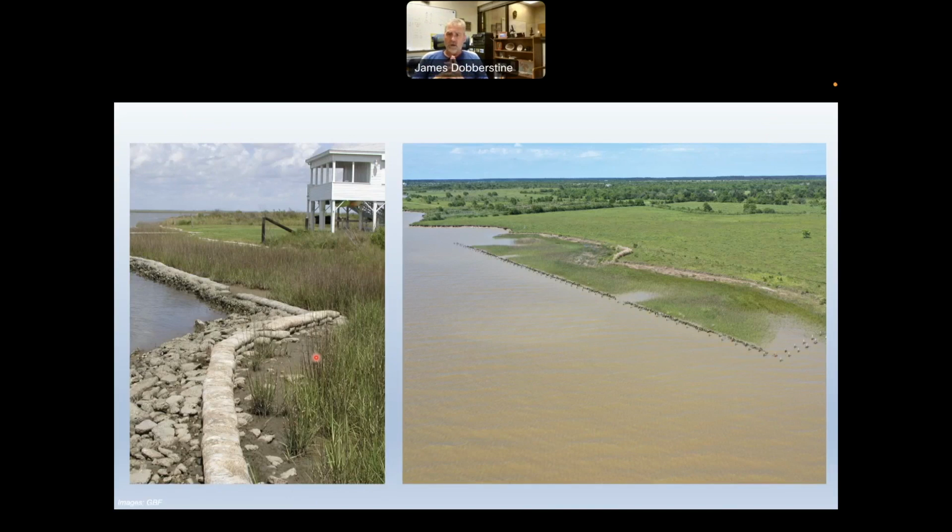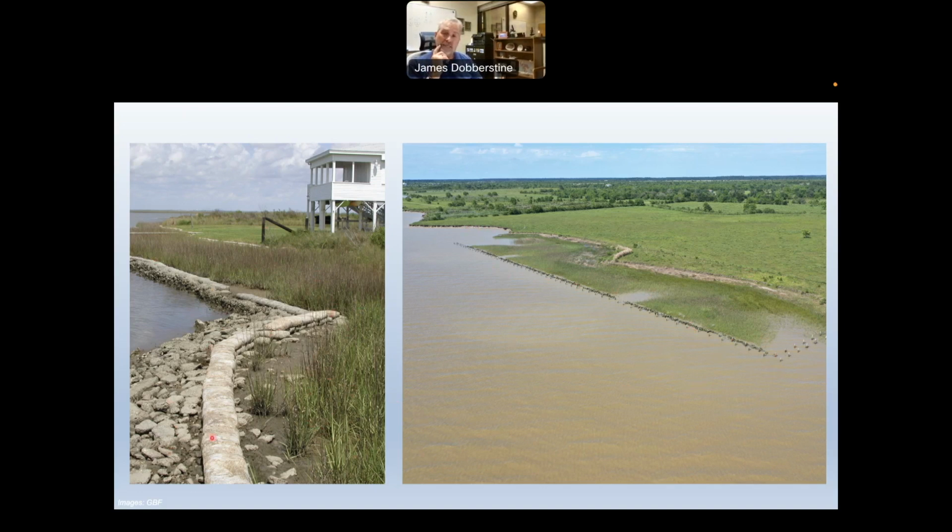So here, this is off of Eckert Bayou down on West Galveston Island. I want to say this one is up in the Trinity region, if I remember correctly. In any event, these are living shoreline sites. This is one that I've done monitoring on, and this is one that I actually helped in construction of. It's the one I'm thinking of.